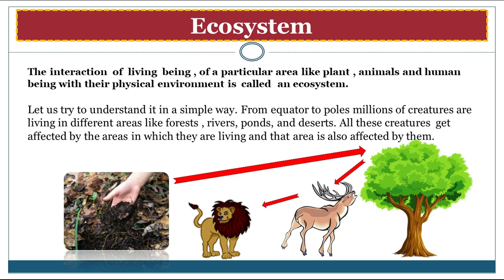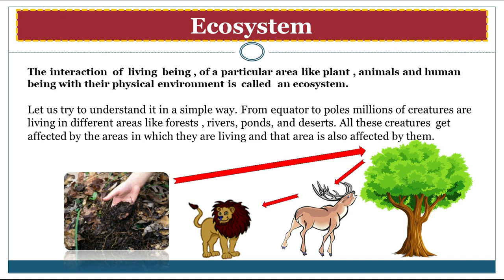Next topic is ecosystem. So the interaction of living beings of a particular area like plants, animals and human beings with their physical environment is called an ecosystem. Let's try to understand it in a simple way.